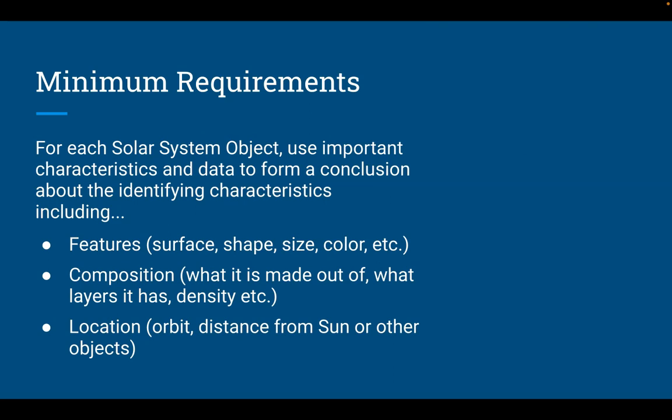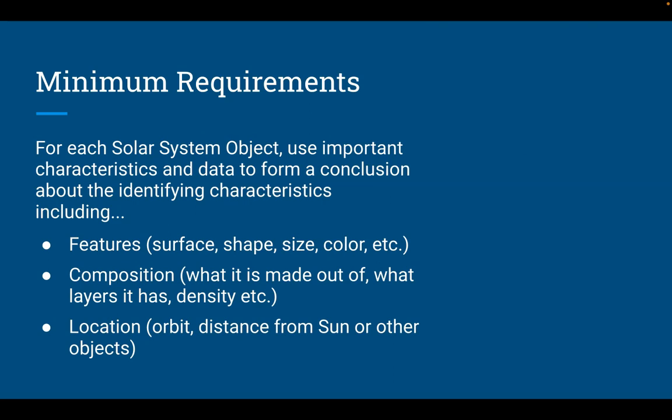Here's what's needed. For each solar system object, use important characteristics and data to form a conclusion about the identifying characteristics. So what I mean by that is, what makes a planet a planet and an asteroid an asteroid?